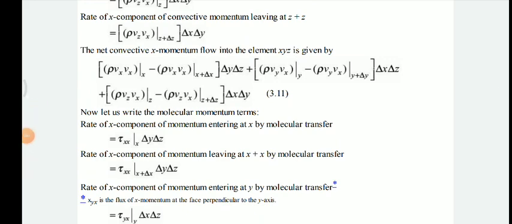Now let us write the molecular momentum term. We have now the second terminology, which is for molecular momentum.